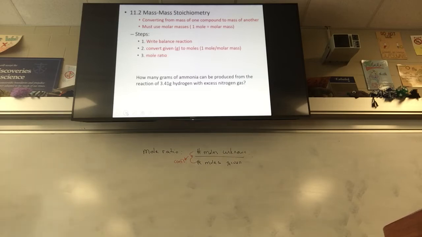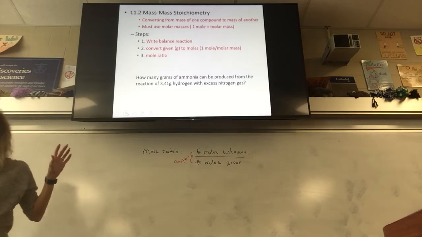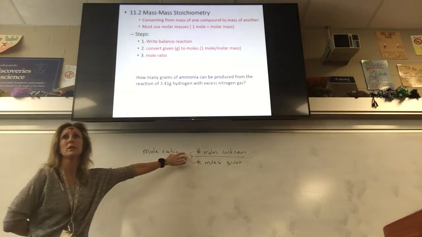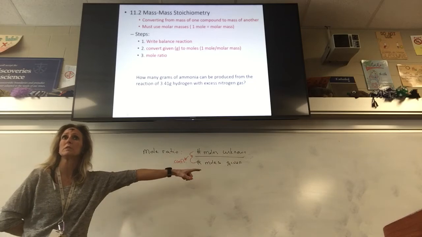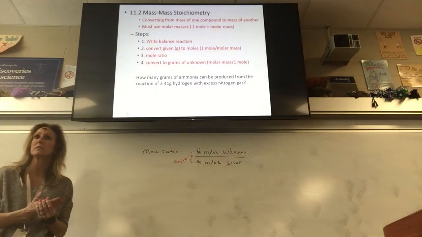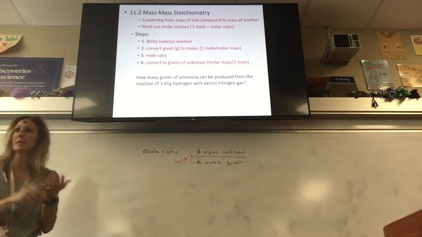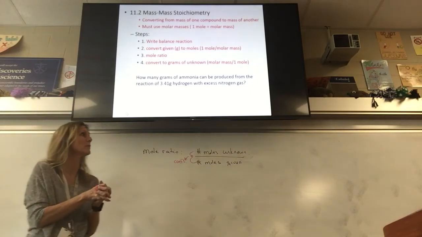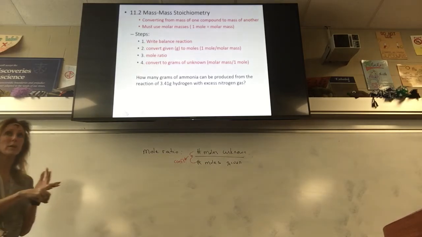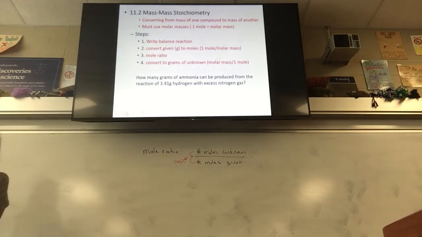Once that gets us to moles of our given, then we're ready for the mole ratio to switch over to the substance that we're solving for. And then if we also want to solve for mass of whatever it is, the other reactant, a product, or whatever the case may be, to convert that from moles to grams, we need to multiply by its molar mass.